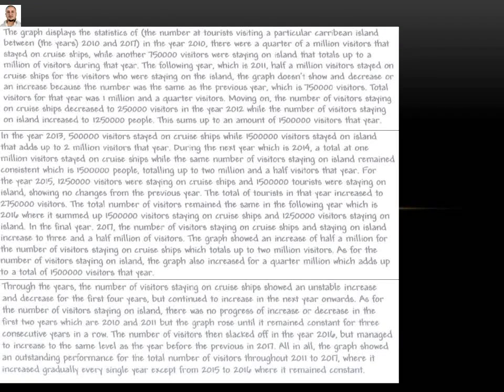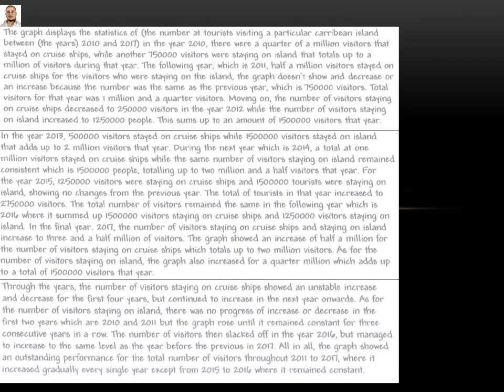As for the number of visitors staying on island, there was no increase or decrease in the first 2 years, which are 2010 and 2011, but the graph rose until it remained constant for three consecutive years in a row. The number of visitors then slacked off in the year 2016, but managed to increase to the same level as the year before the previous in 2017.